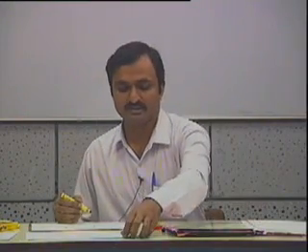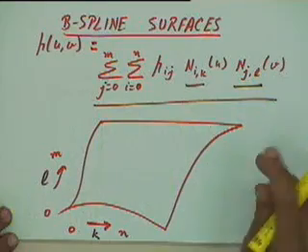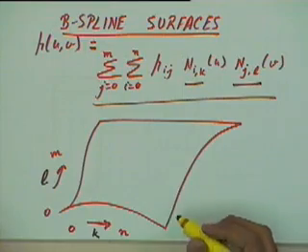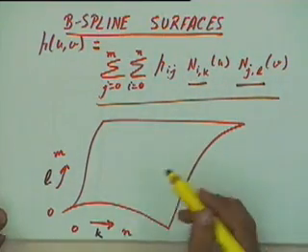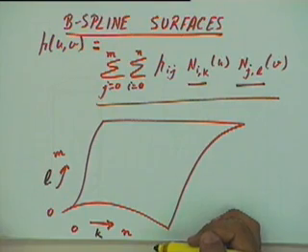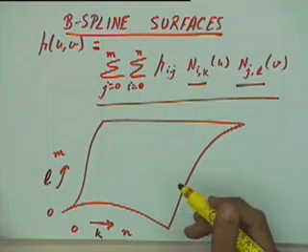So the basic definition of the B-spline surfaces will be given by this, and on top of this basic definition we can define periodicity and we can define closed and open surfaces in either direction. In one direction it can be open, the other direction it can be closed, in one direction it can be periodic, in the other direction it can be non-periodic.